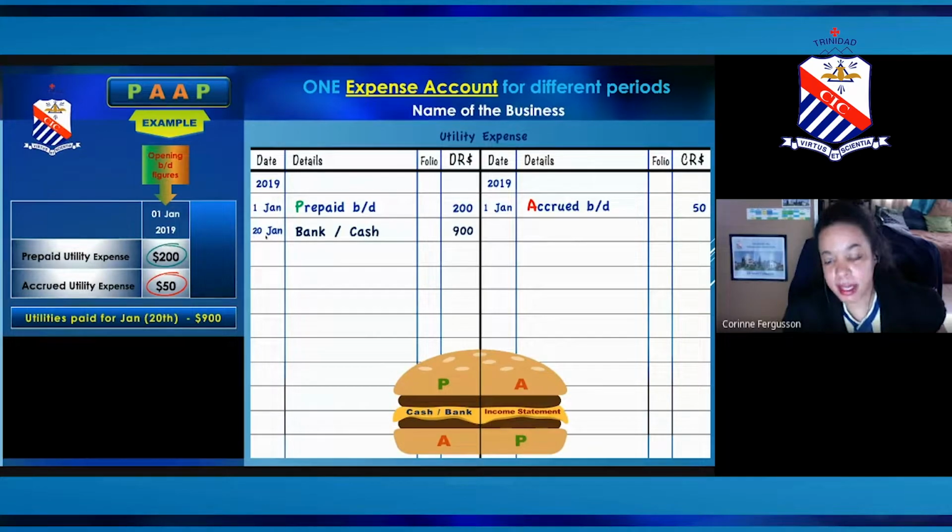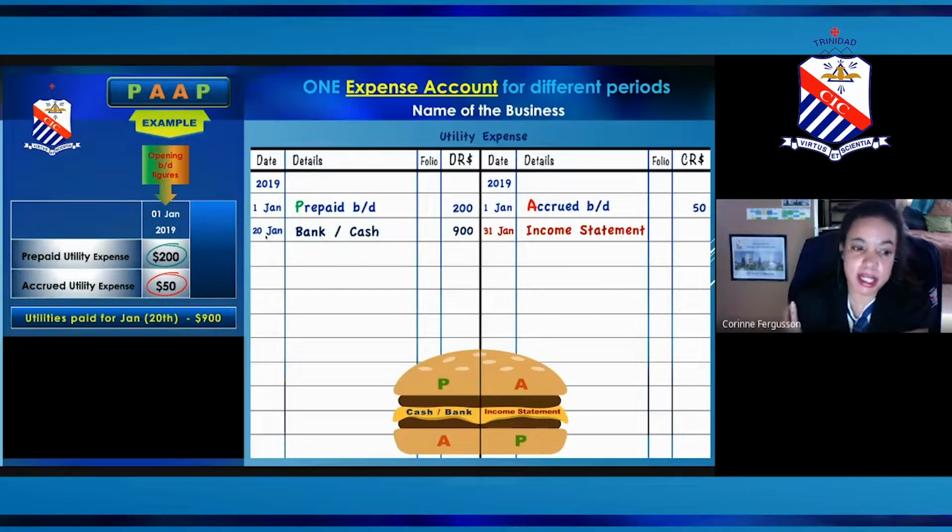Okay, so the next side in the middle, it's always the ending date, 31st of January, in this case, since we're doing it for January. And if you remember what comes, you see it down below there, income statement. Now the amount that goes into your income statement is the expense incurred.